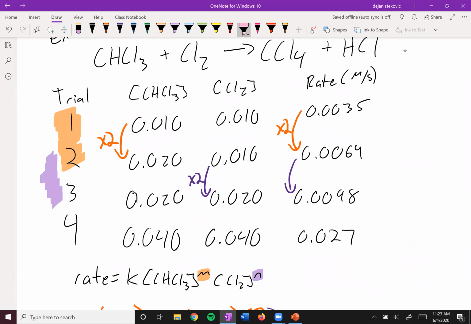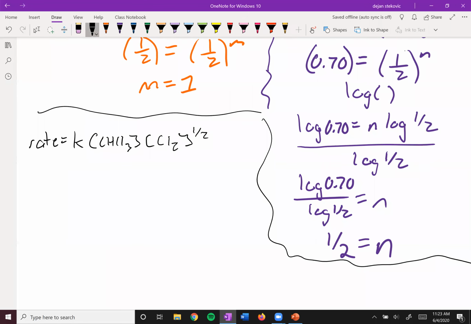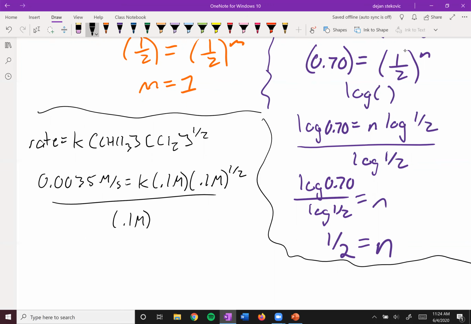And now we need to solve for K, so we can pick any trials. I'm always lazy, so I always just pick the first set of data. So we're going to plug in 0.1 for each of these concentrations, and then the 0.0035 for the rate. The rate has units of molarity per second, equal to K times 0.1 molar times 0.1 molar to the 1/2. Divide both sides by this 0.1 molar times this 0.1 molar to the 1/2.